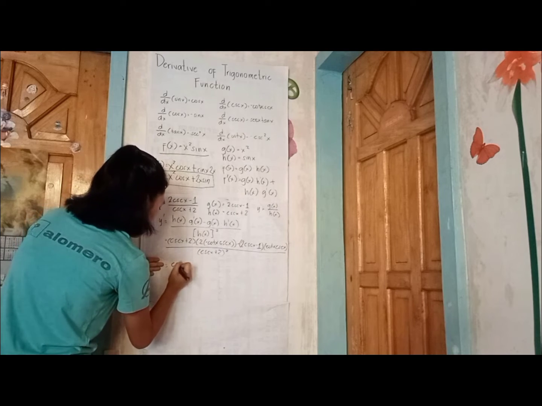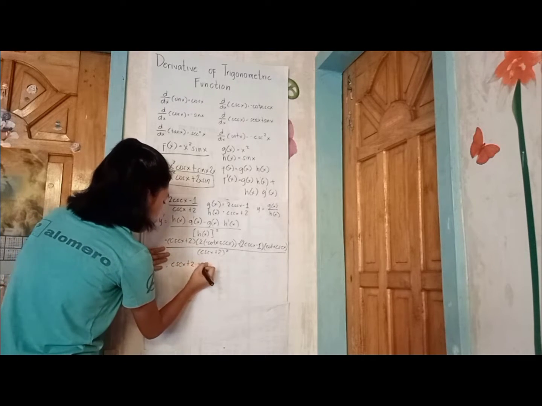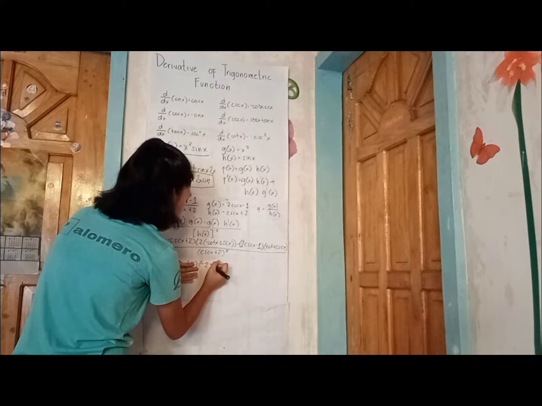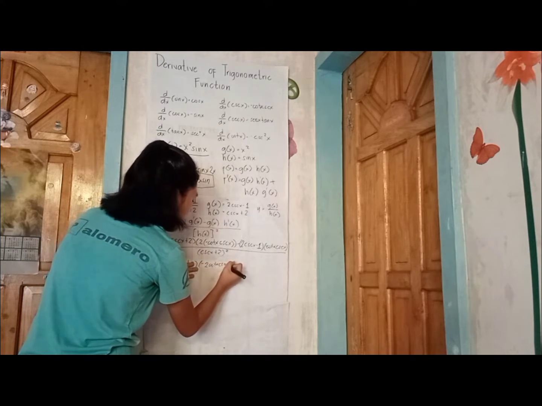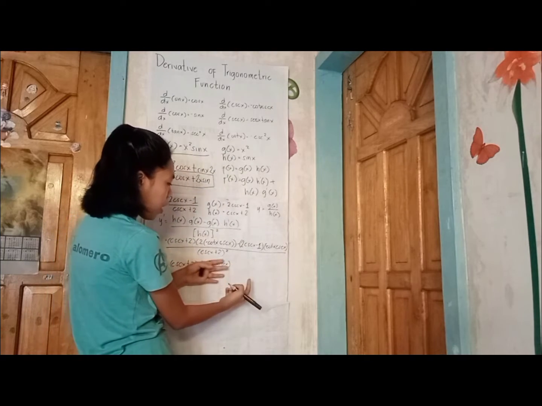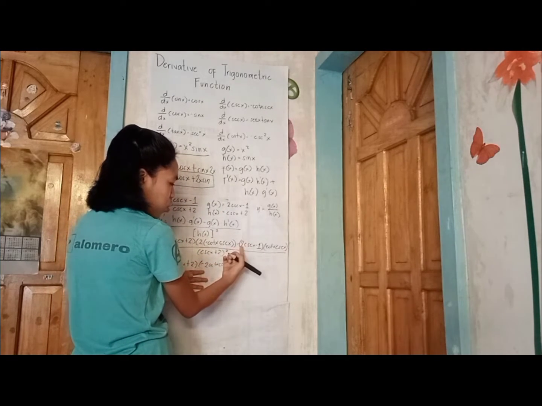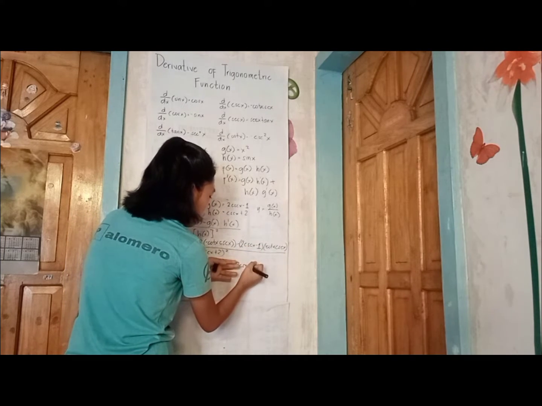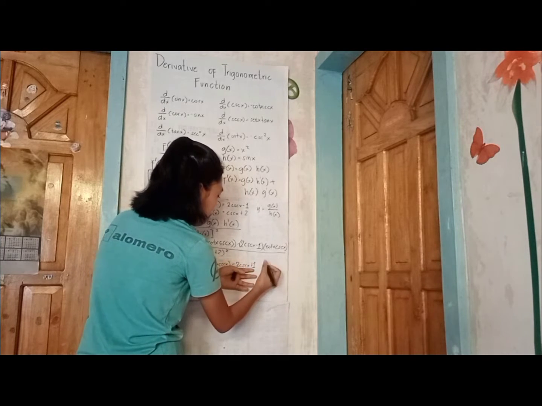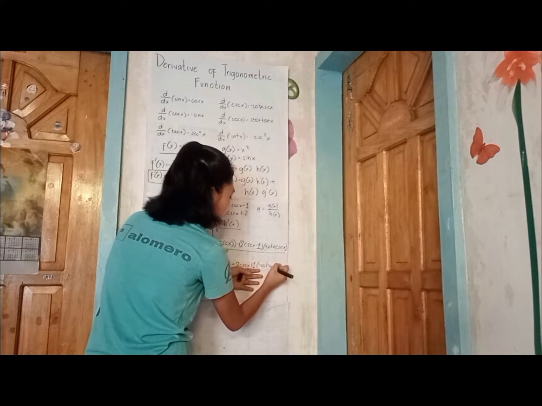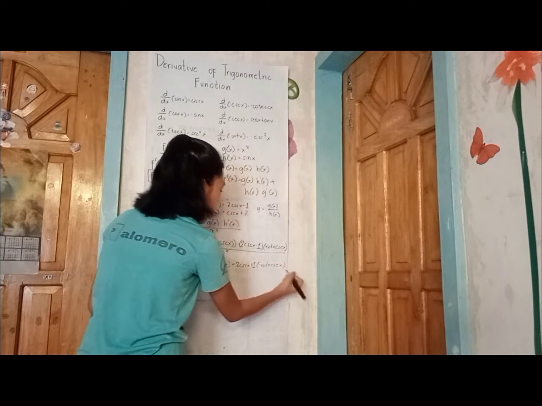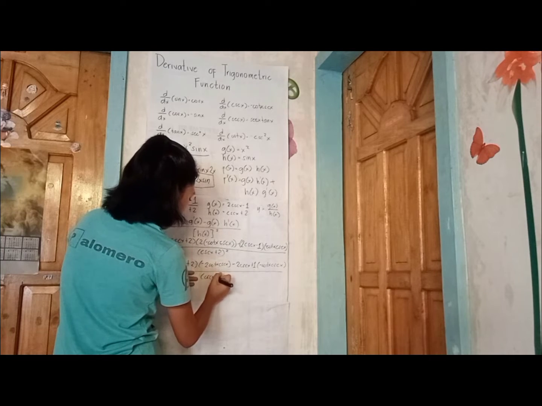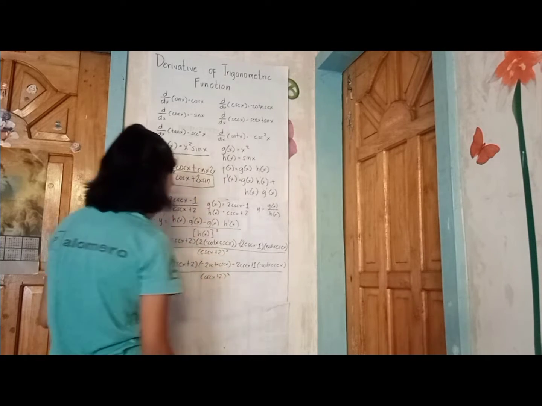So this is cosecant x plus 2 times negative 2 cotangent x cosecant x, minus times 2 cosecant x minus 1 is negative 2 cosecant x plus 1, then copy negative cotangent x cosecant x all over cosecant x plus 2 squared.